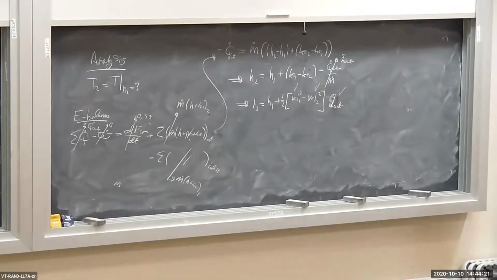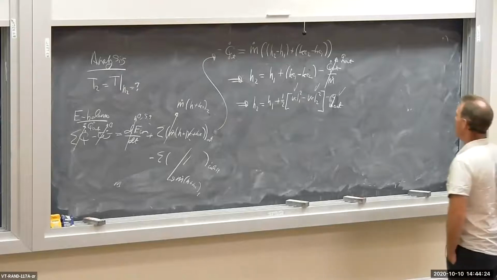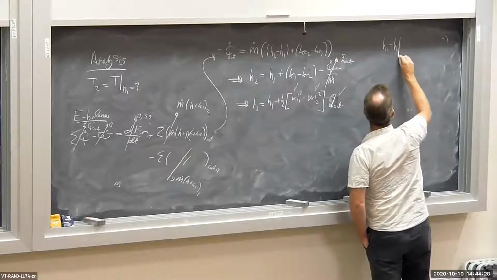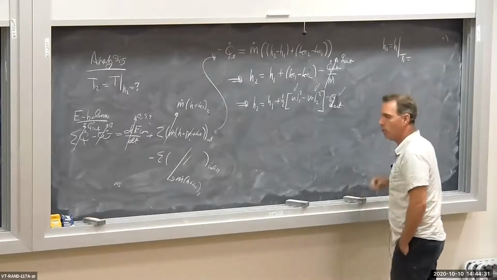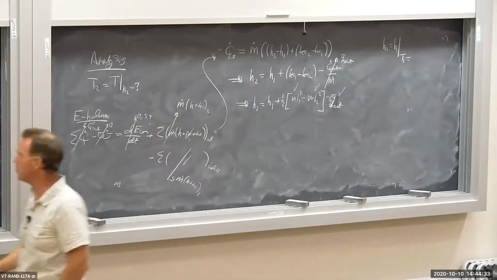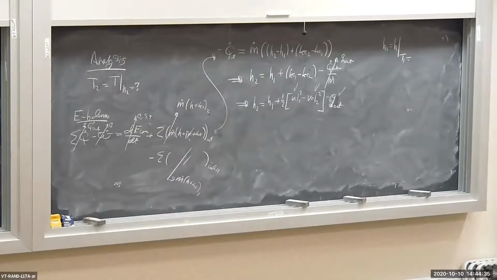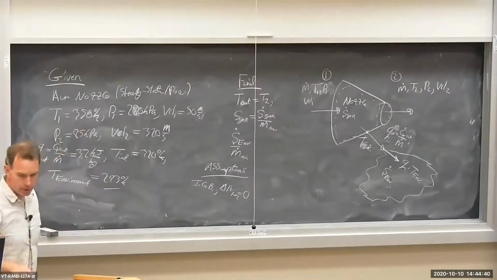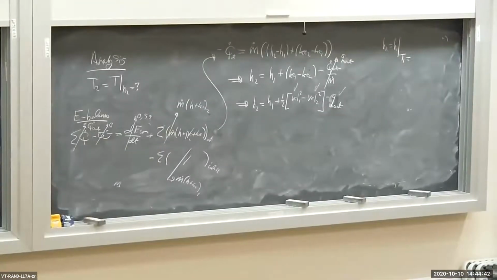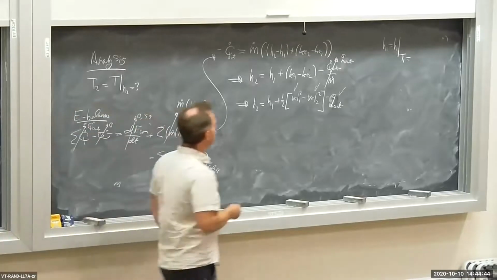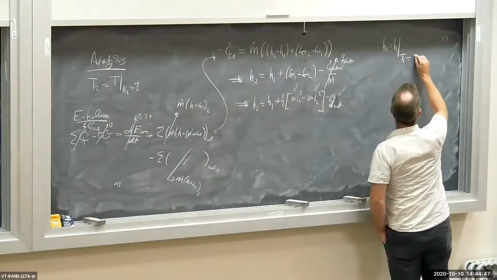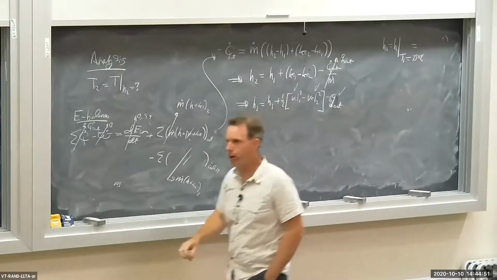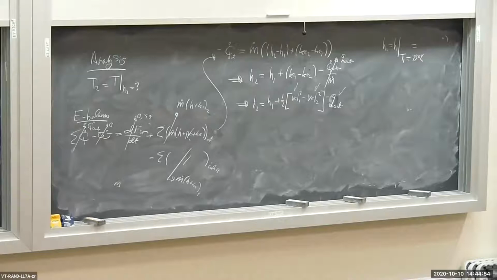H1, I don't quite know what H1 is, but I do know the inlet temperature. H1 is equal to H evaluated at T inlet, or T1, and the inlet temperature is 350 degrees Kelvin, as I recall. So yeah, 350 degrees Kelvin, looks good. I can look up the specific enthalpy for air in a table at 350 degrees.